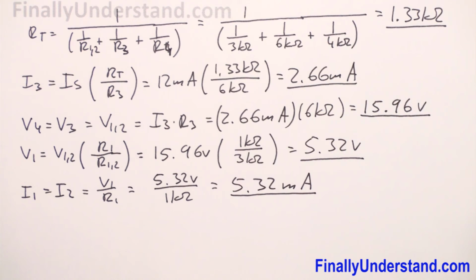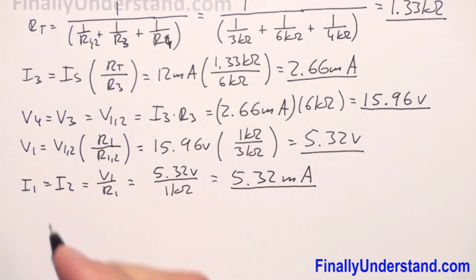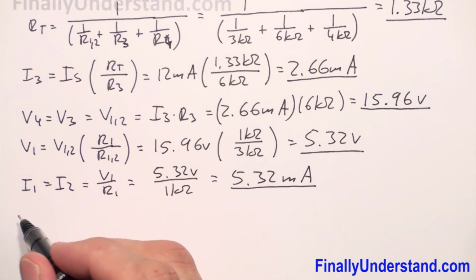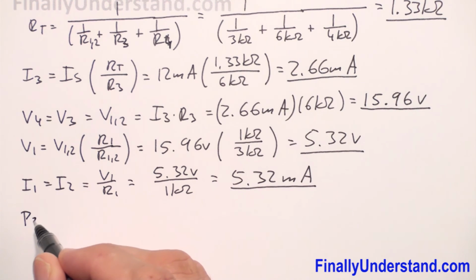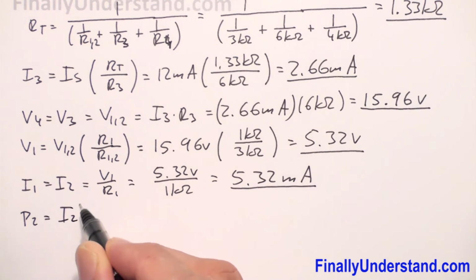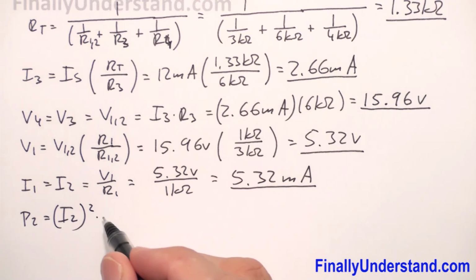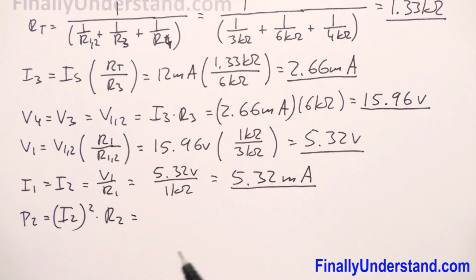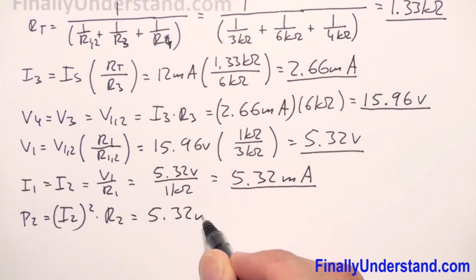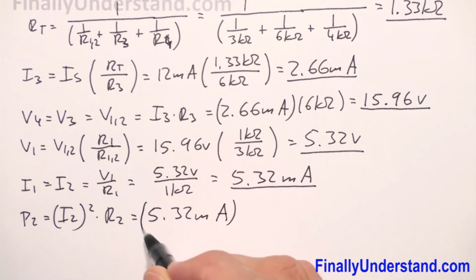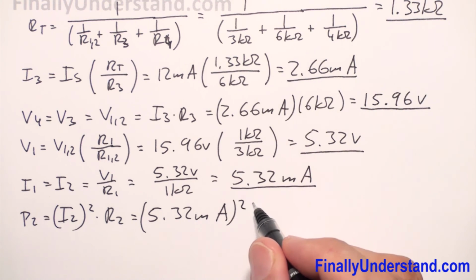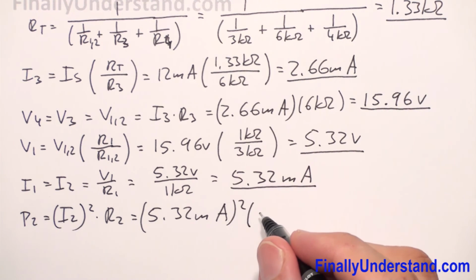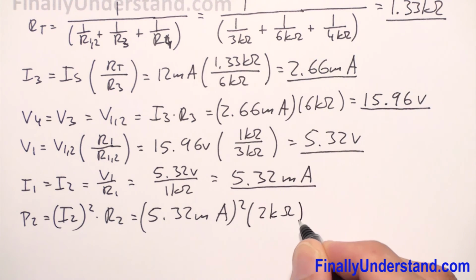Okay, so if you want to find P2, P2 is equal to I2 to the second power times R2. So I have 5.32 milliamps raised to the second power times R2, which is equal to 2 kilo ohms.